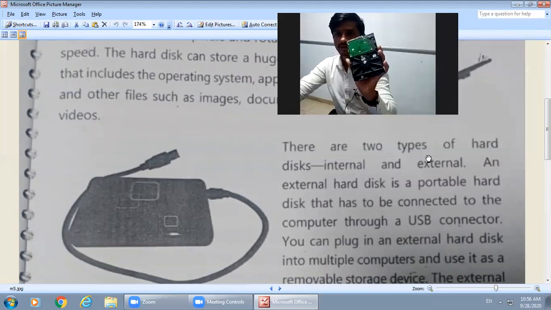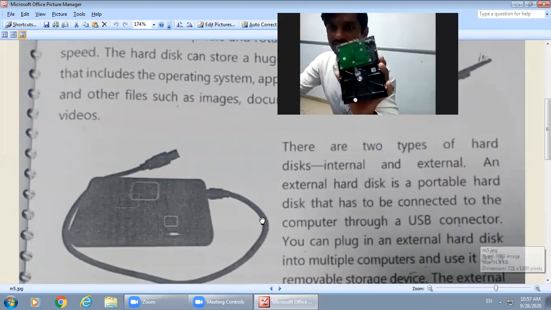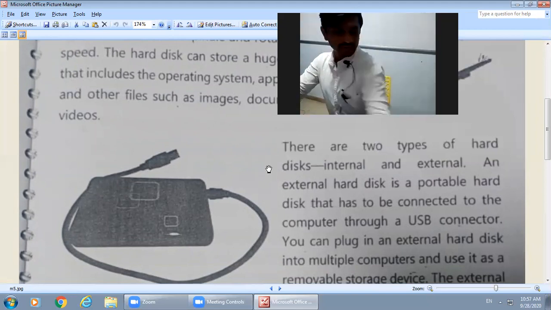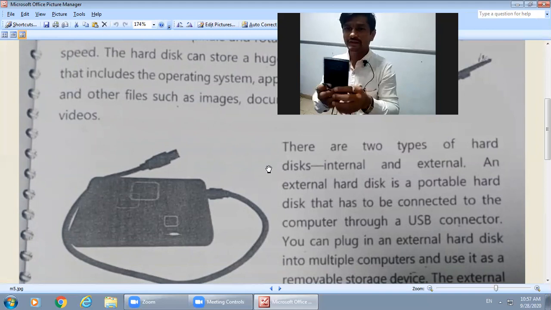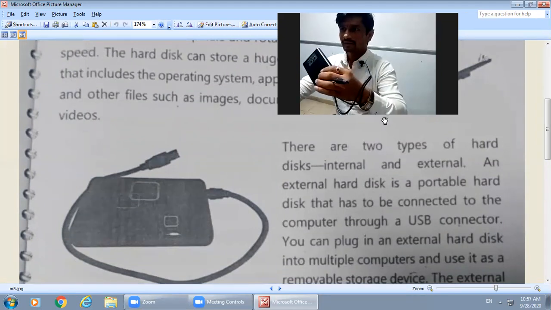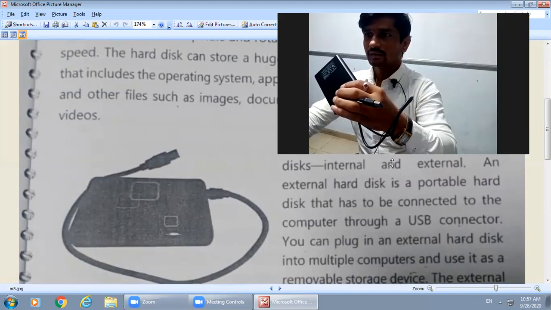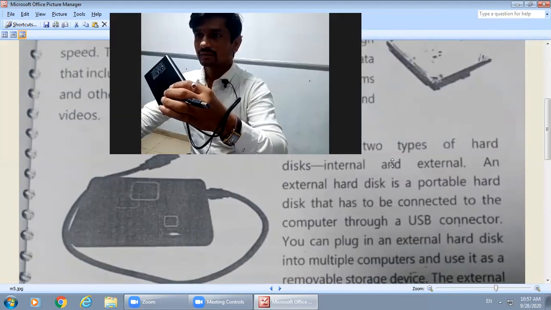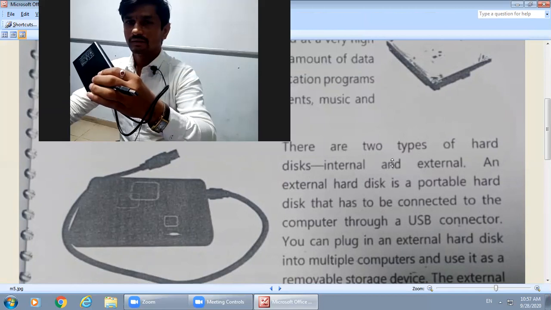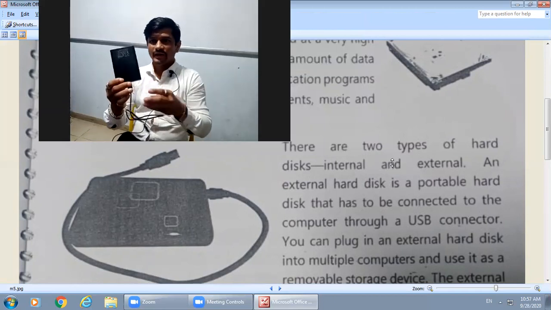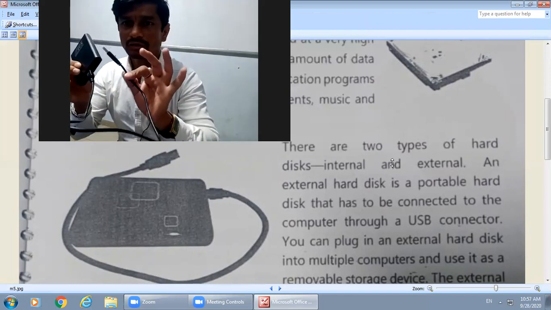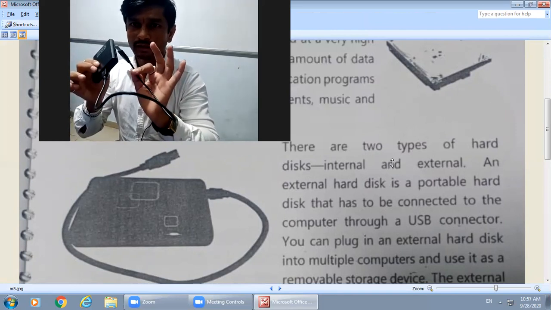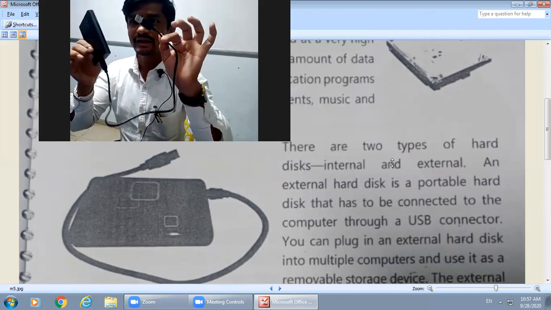See, this is the external hard disk. With the help of this cable, we can connect it to our CPU.